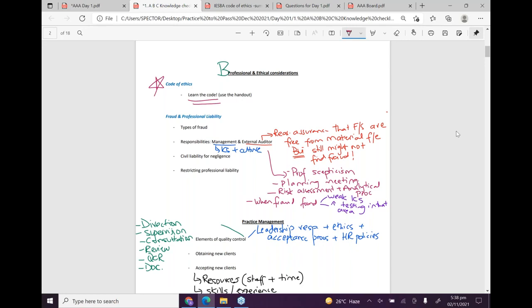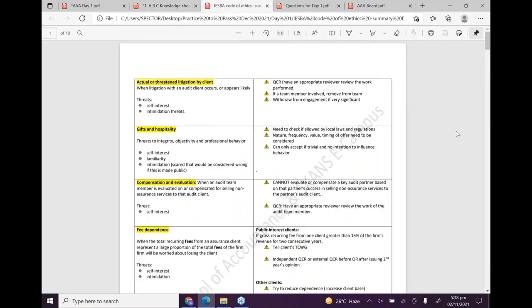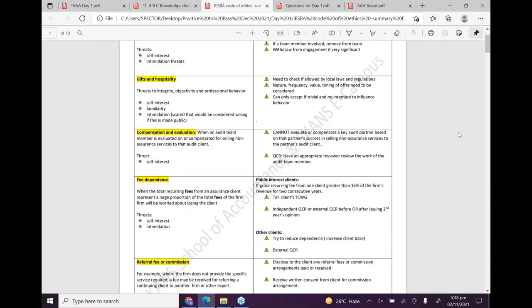In order to do so, I've uploaded a handout, which looks like this. This is what I want you to use to learn the entire code. I've seen this in students' answers as well: if there is gift and hospitality, you cannot fit in advocacy, because the code says there's only self-interest, familiarity, and intimidation.